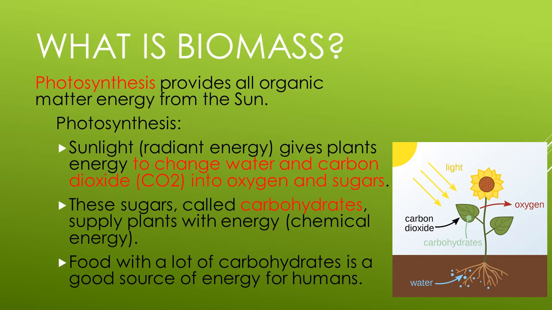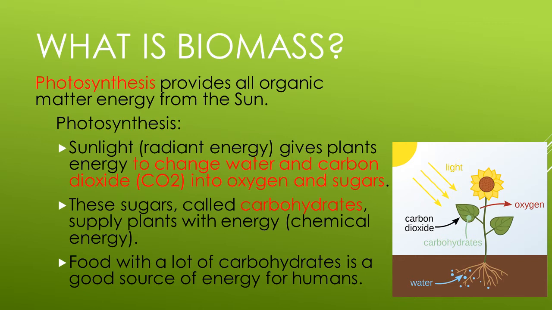So, a plant, say a flower, or a tree, or a vegetable, anything that is growing is taking in sunlight, it's taking in carbon dioxide, and of course, it's taking in water.